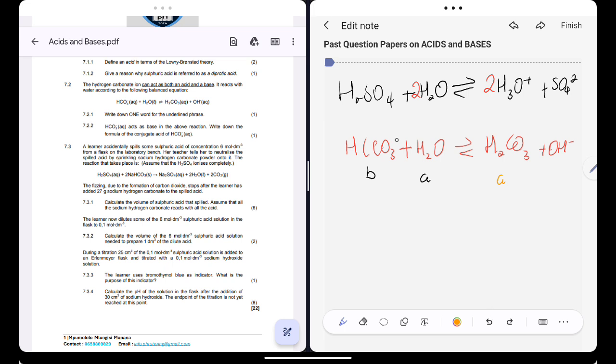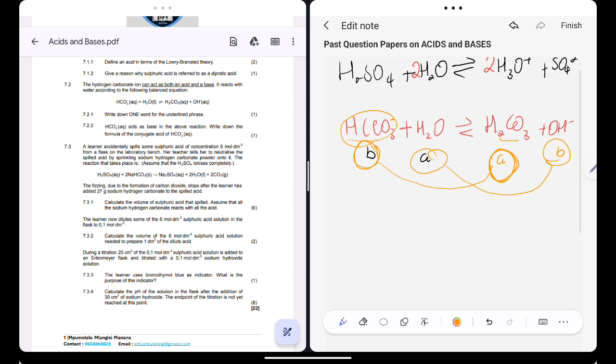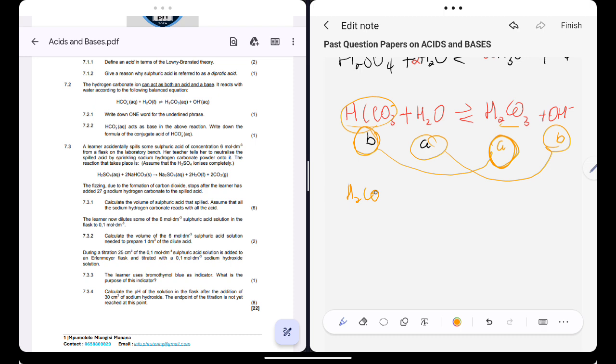And then OH minus is a base because it has to accept a proton to become H2O. So remember that, guys, a base on one side is conjugated to an acid on the other side, and an acid is conjugated to a base. So to answer that question, the conjugate acid for this base is the carbonic acid, H2CO3.